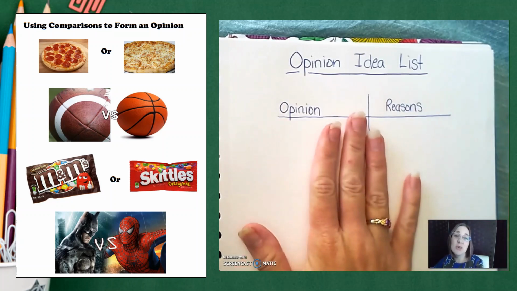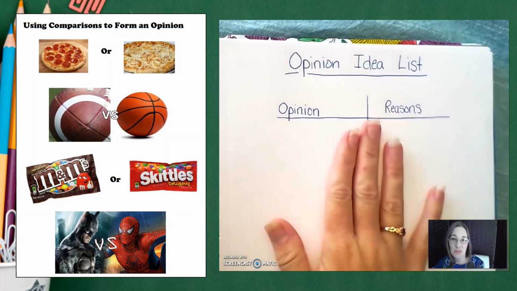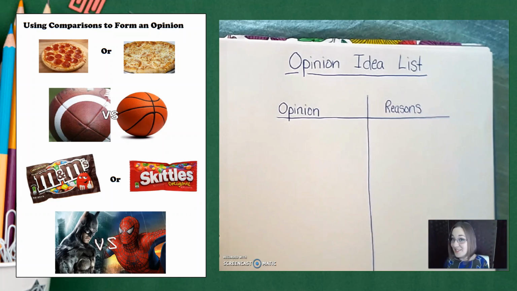Once you do that, you're ready to use your comparisons document and come up with your opinion and some reasons. So, for example, I said I was interested in the topic of candy, so that's the one I'm going to do. And I'm going to ask myself which is better, M&Ms or Skittles. And in my opinion, M&Ms are definitely better than Skittles.